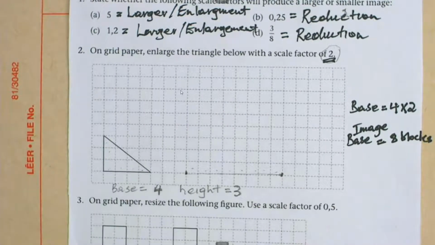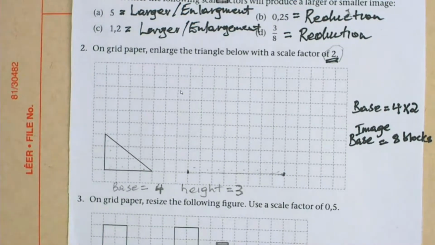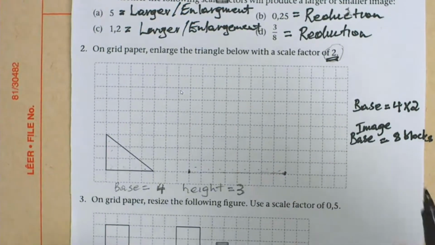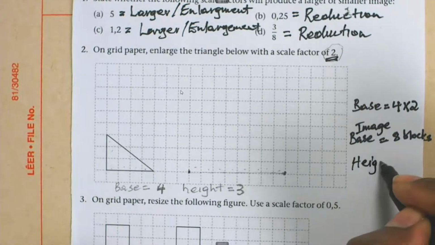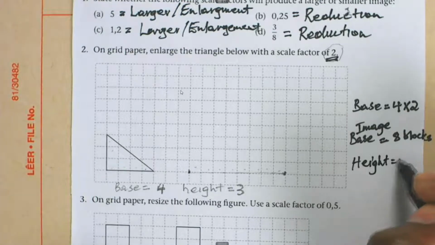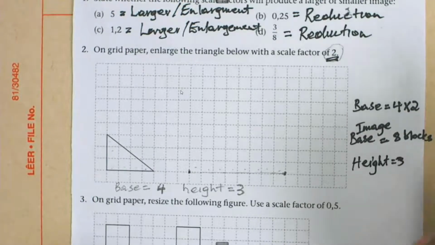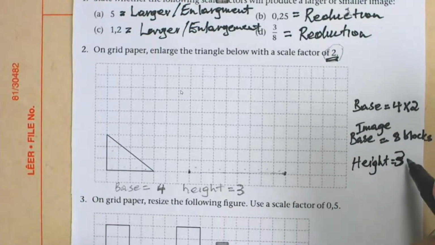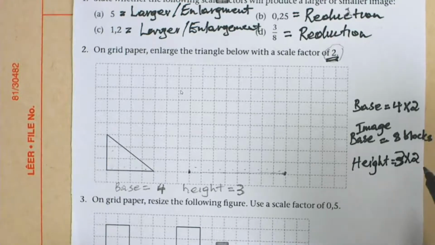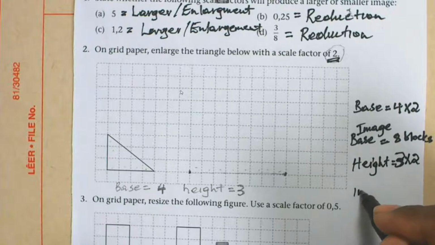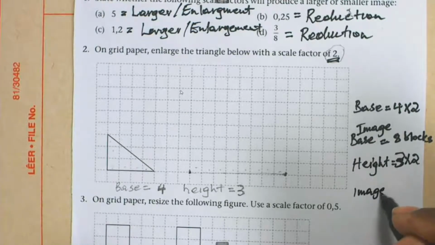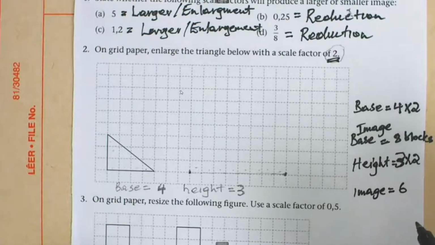Now, my height, the original height was 3 blocks. Now we will take these 3 blocks, then multiply by the scale factor of 2. Therefore, the image height will be 6 blocks.